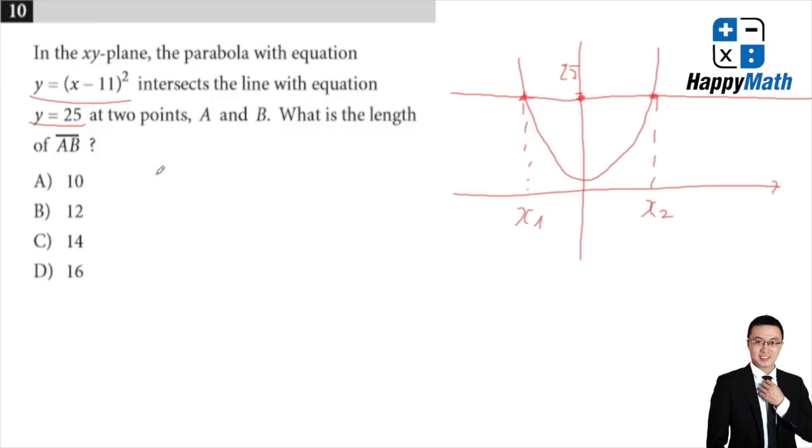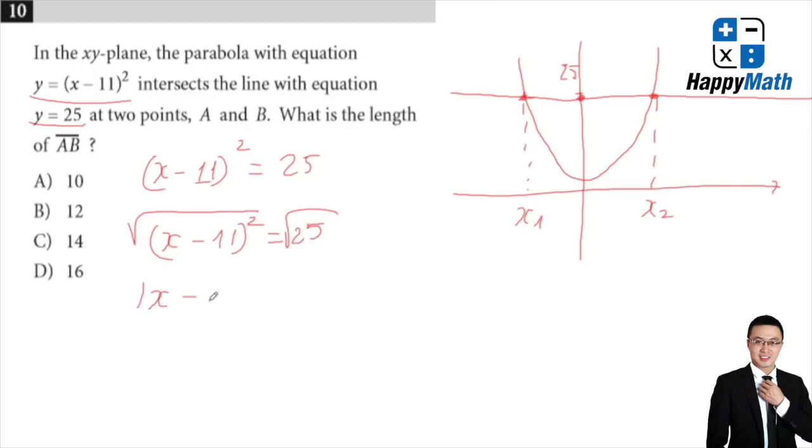the length. Okay, because the equations should be equal together, it is easy to put (h minus 11) squared equal to 25. So take the square root of both sides. You will have the absolute value of h minus 11 equal to 5. Because it is the absolute value, we have two options.